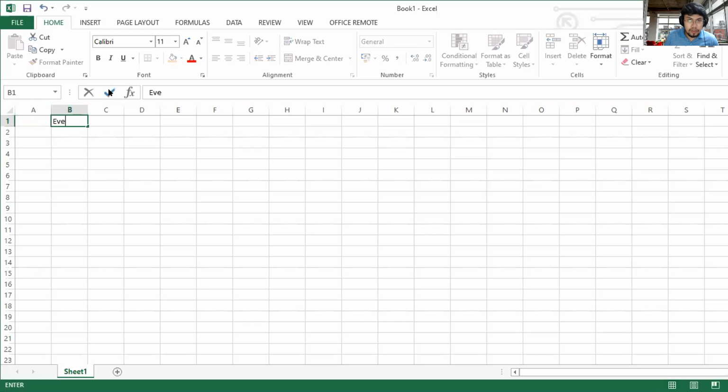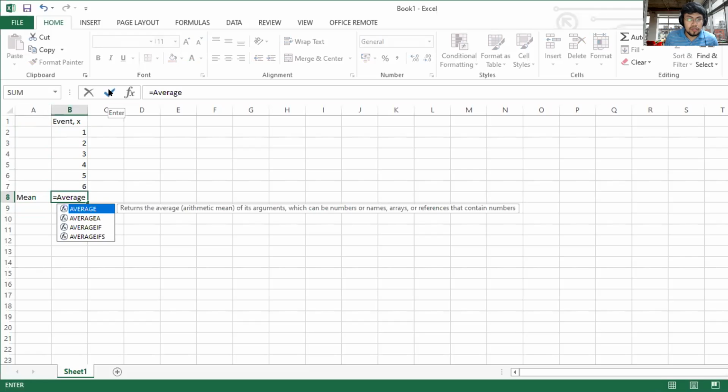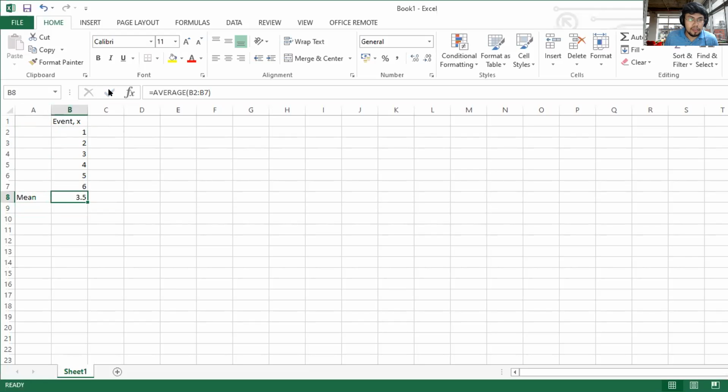Let us recall that we have an event X, and then we have 6 events, and we could get immediately the mean of this one by using the average function, which is just to get the average of this 6. Please take note of that formula. You could see also the formula in this function bar.